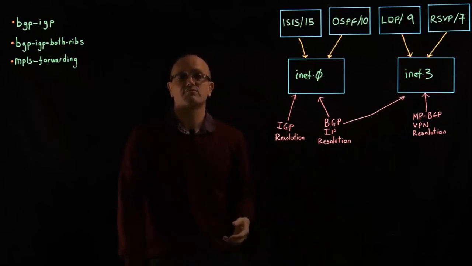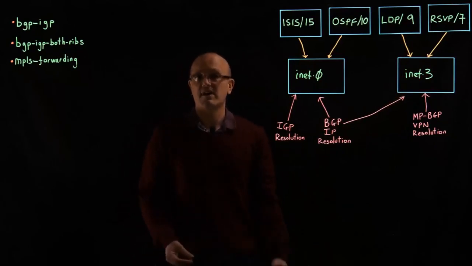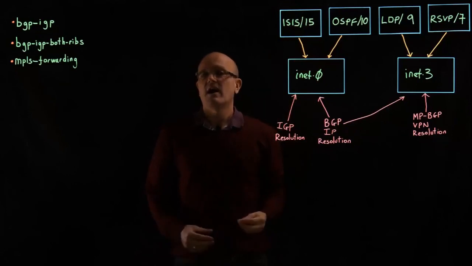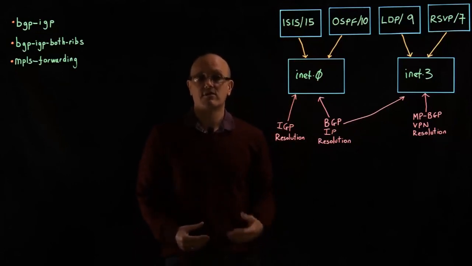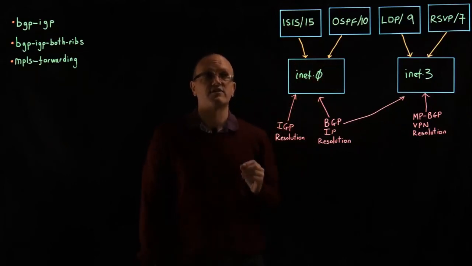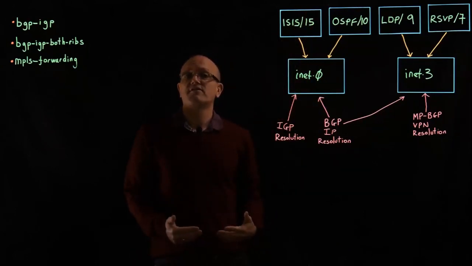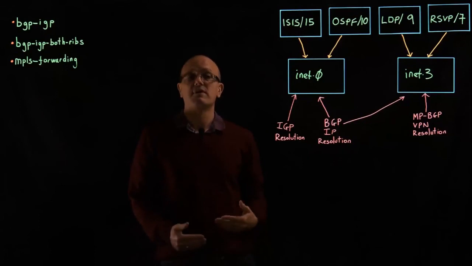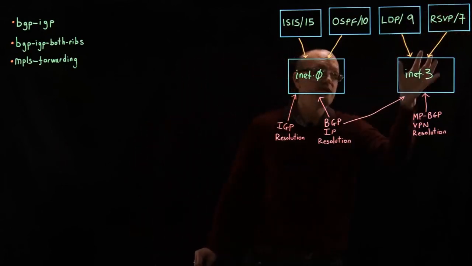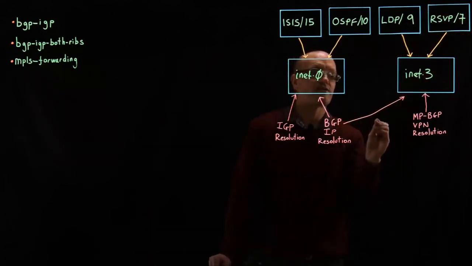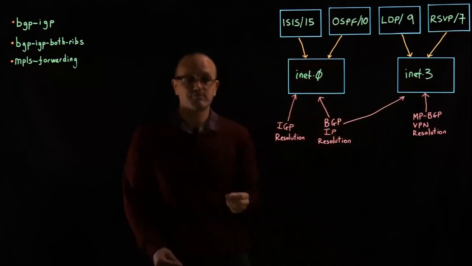So say that this is an ISIS enabled network. We have an ISIS route for this loopback address in inet.0, so we have a route preference of 15. We also have an RSVP LSP to this loopback address, so we have an RSVP route in inet.3 for this loopback address.